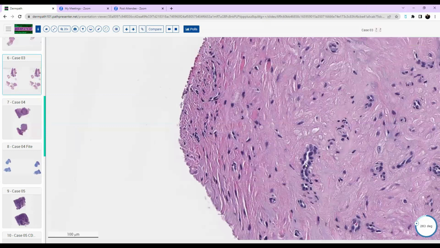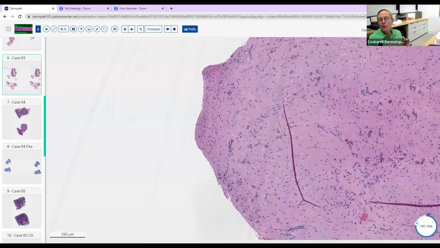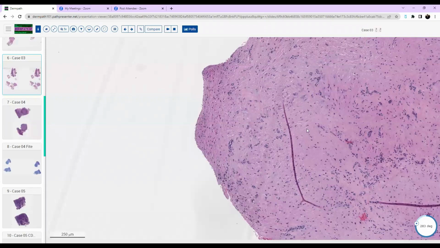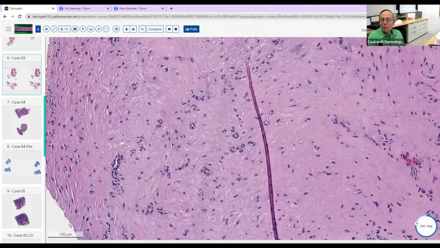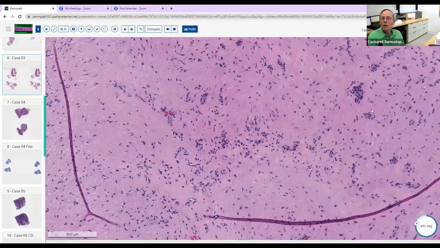There's a couple of blood vessels here, but if you look at an angioleiomyoma, you're going to see many blood vessels, and you'll see the smooth muscle bundles coming off the blood vessels. Here we just have densely packed homogeneous collagen bundles with residual fibroblasts and a few blood vessels, but not very many. There's some small capillaries.